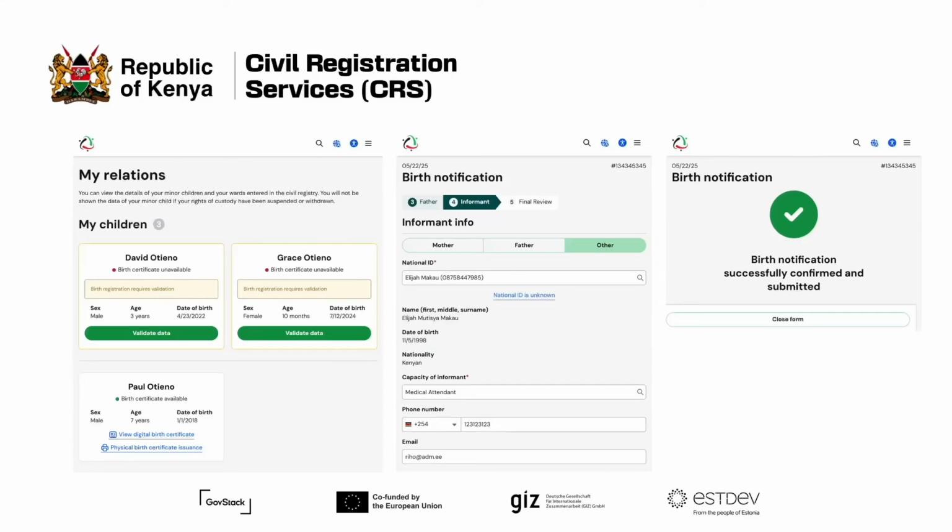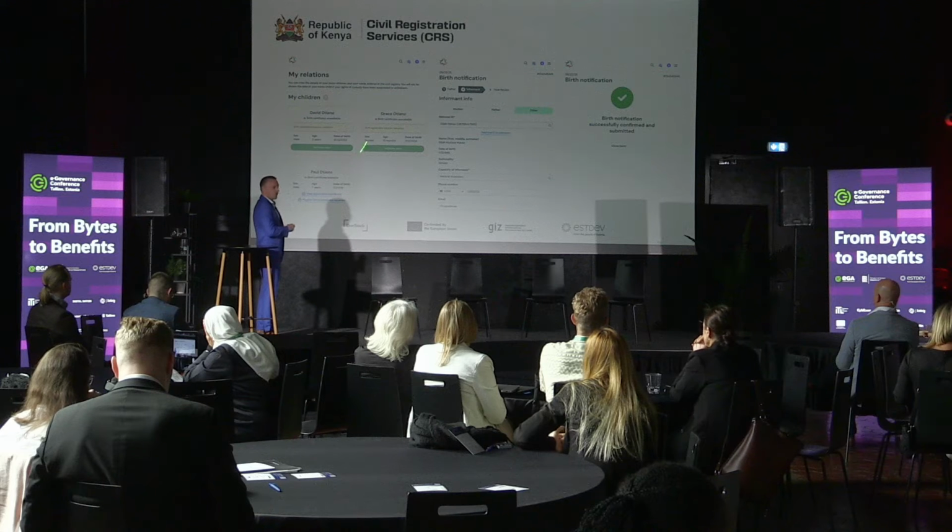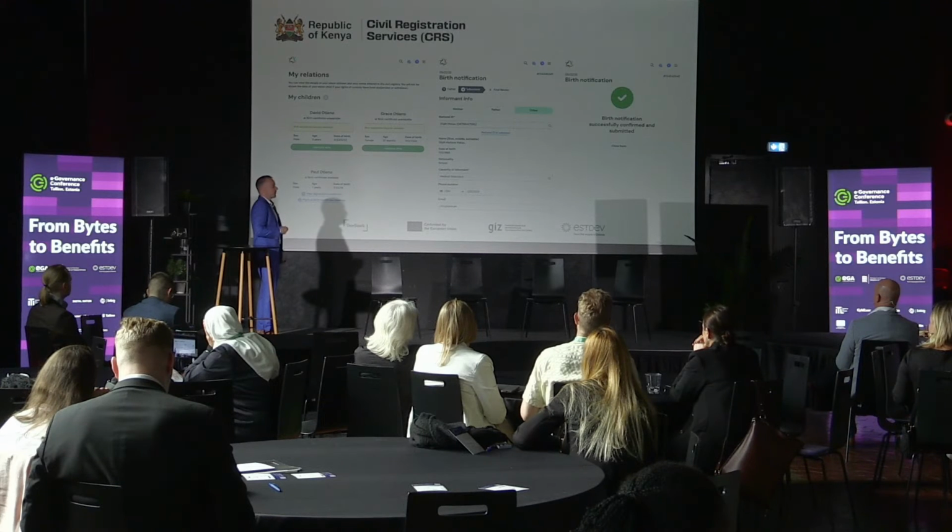In the end, from our analysis, we want it to look something like this: the user can go to their citizen portal and see what births have been registered.